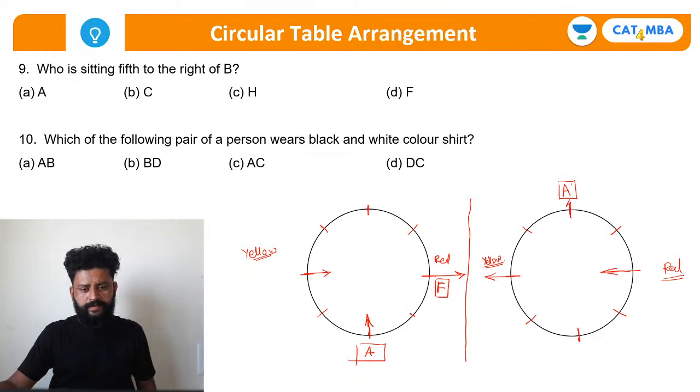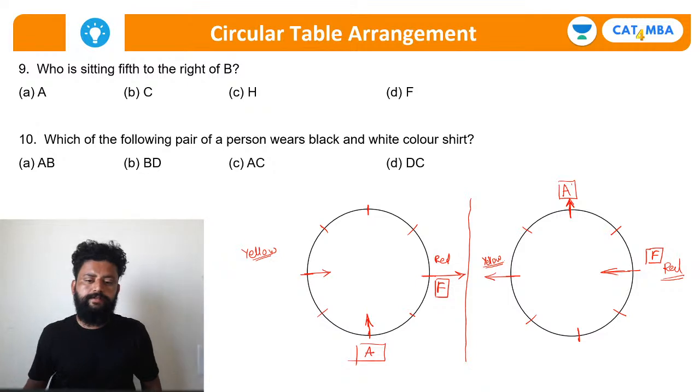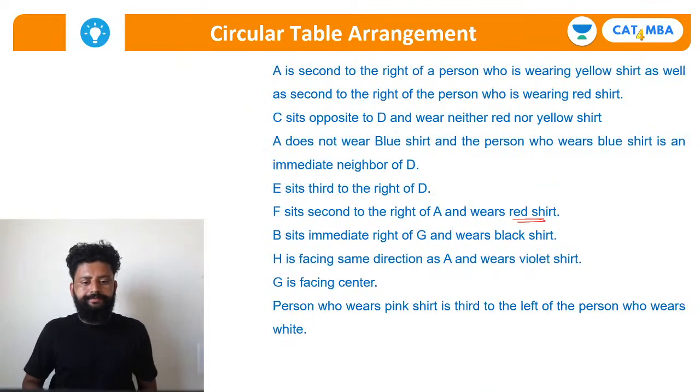This case facing, only second to the right of A. Right, so that's the hint we can have. Next thing, B sits immediate right of G and wears a black shirt.